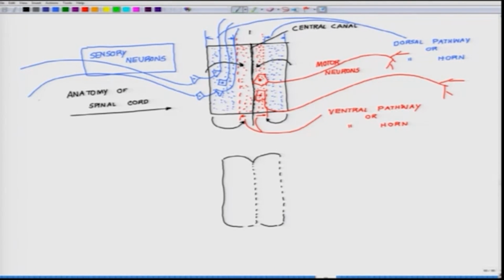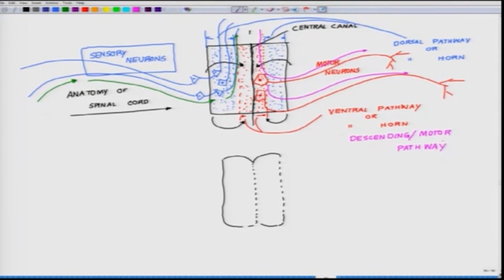So, here the information is coming like this from all over, moving to the spinal cord and just getting carried to the brain, or at times I will come to this, just give me a minute, whereas the processed information from this spinal cord or from the brain is moved out like this, as if it is coming down, and that is why this is also called descending slash motor pathway.